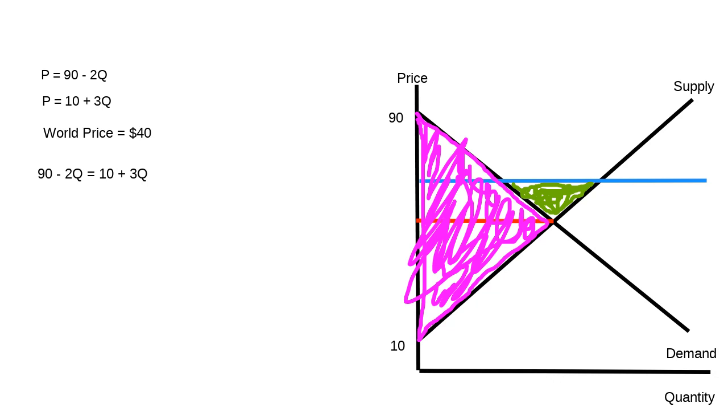That gives us an equilibrium quantity of 16. You can plug that into either one of the equations, and that gives us an equilibrium price of 58. So 16 times 3 is 48, plus 10 is 58. Or you can do it on the demand side.